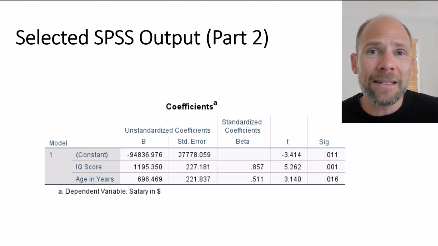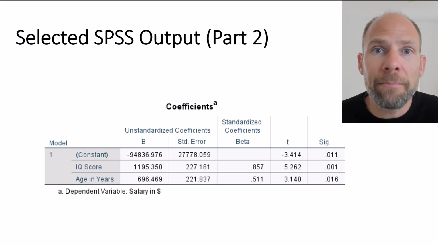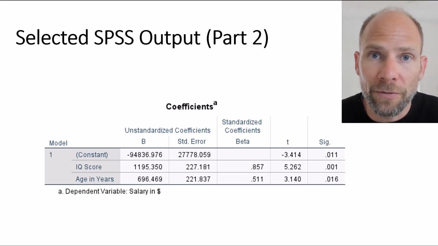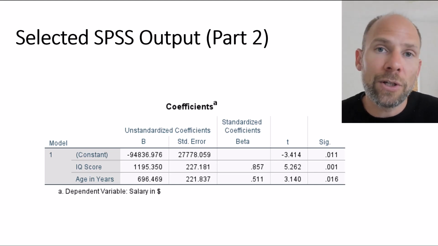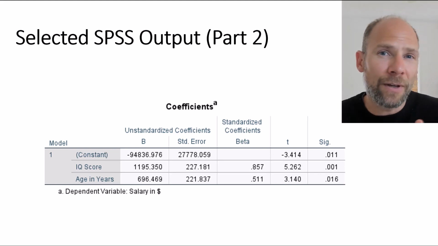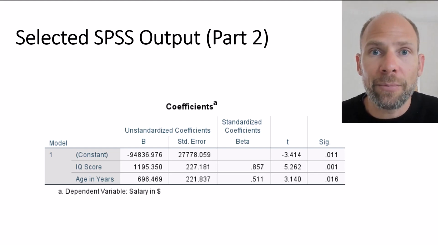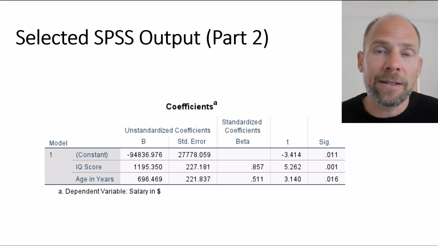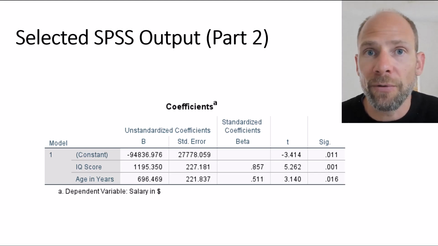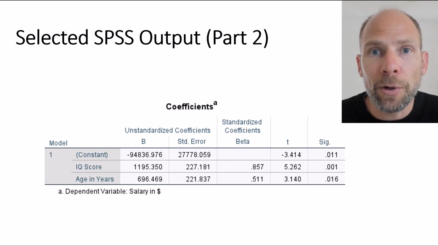But in other cases, when you have arbitrary metrics of your independent variables, then it may be easier to interpret the standardized coefficients. And also the standardized coefficients allow you to compare the relative influence of the different predictor variables. So in certain cases, the standardized coefficients may be preferred over the unstandardized coefficients, but in many cases, you would want to use the unstandardized regression coefficients for the interpretation.